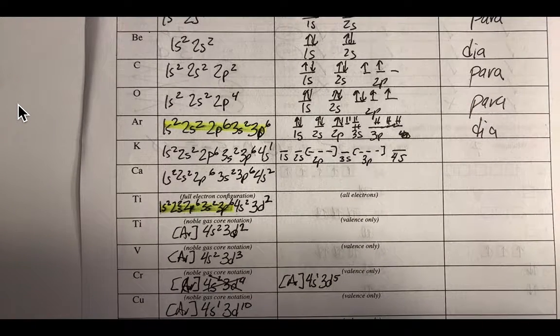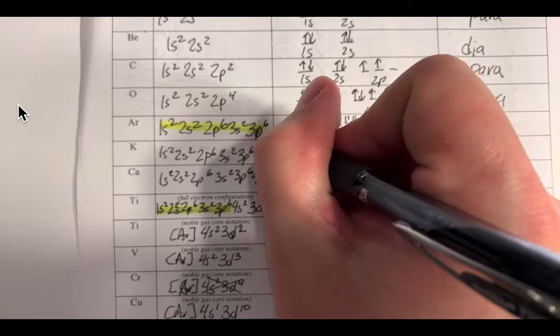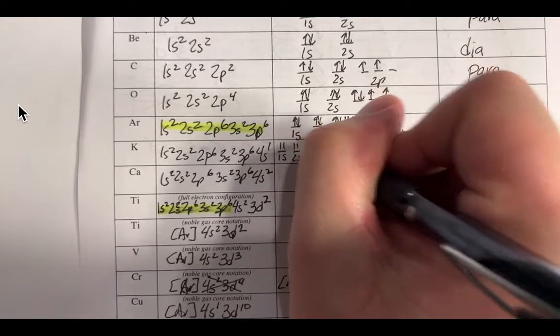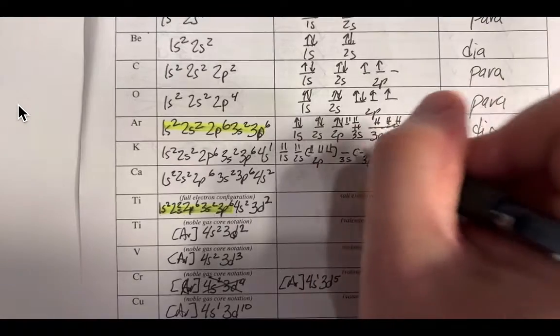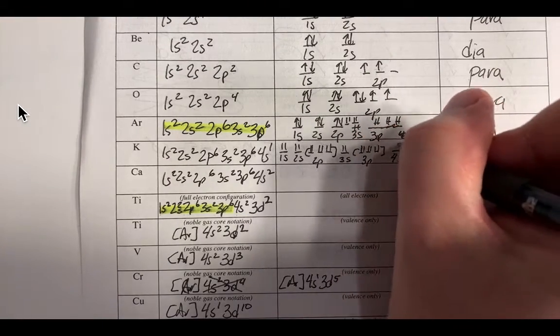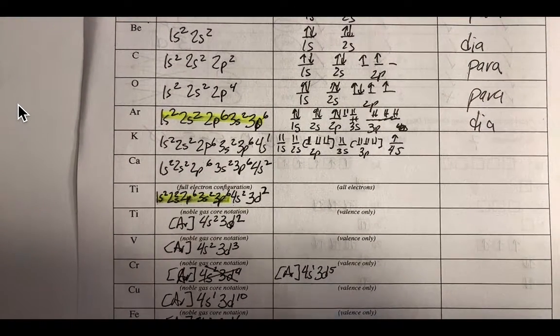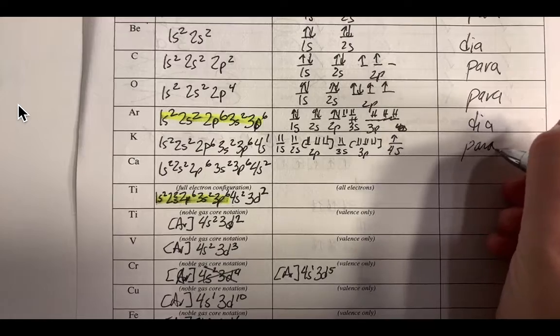All right, now if we go in and put our 19 electrons in for potassium, okay, and that 19th electron is up with no paired down electron, so that's paramagnetic.